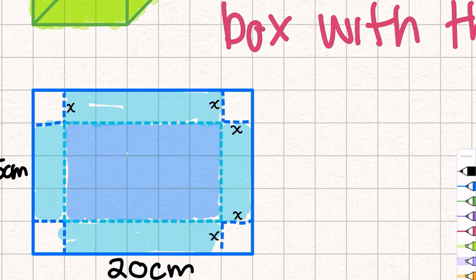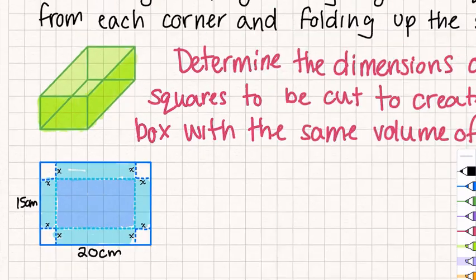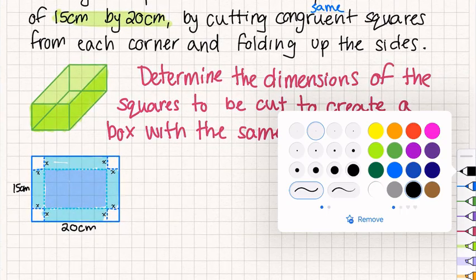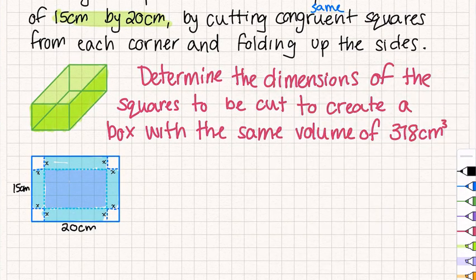We can use x by x because we know that the length and width of a square are equal to each other. They're the same. Okay, so now it says determine the dimensions of the squares to be cut to create a box with the same volume of 378 centimeters cubed. So, back to basics. How do we find the volume of a rectangle?